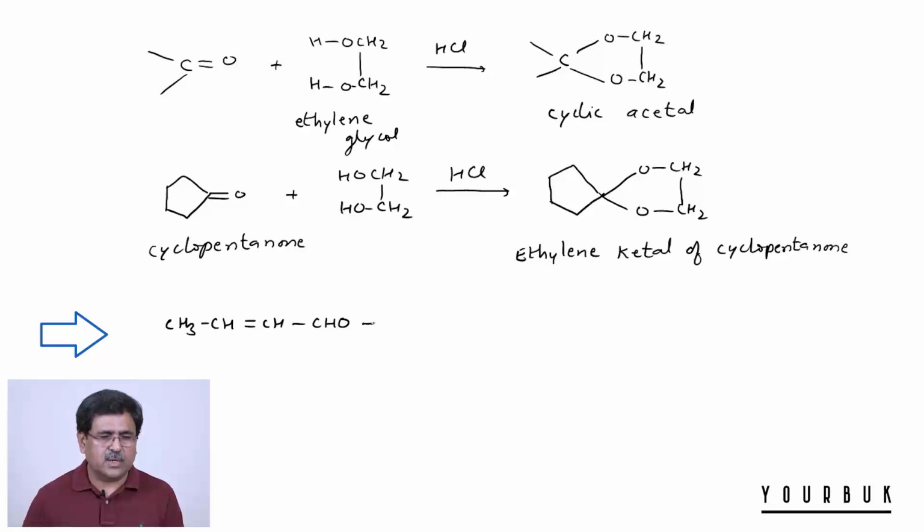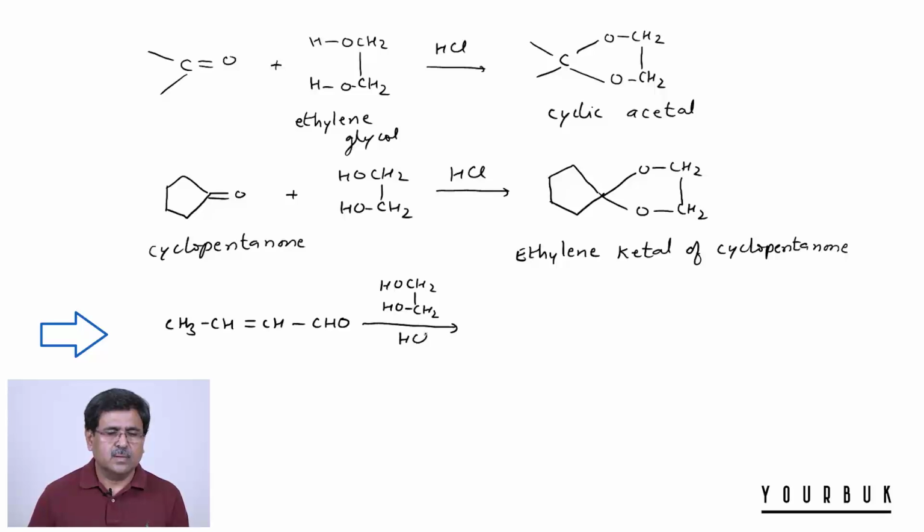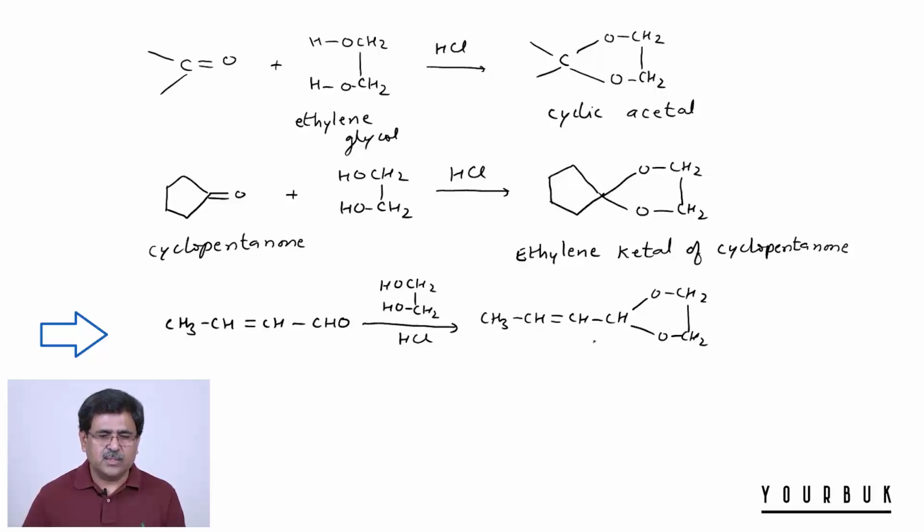What we do, we first react this unsaturated aldehyde with ethylene glycol, it forms a cyclic acetal, and once you block this aldehyde, now you can perform any reaction on the double bond. So, we react this compound now with dilute alkaline KMnO4, and it oxidizes only the double bond to form diol.